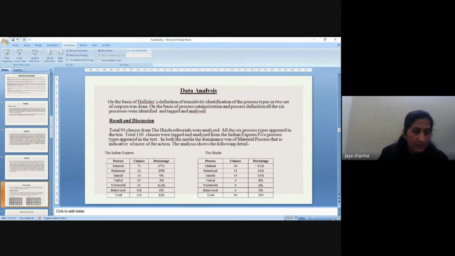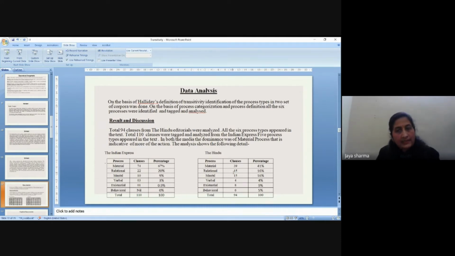So that was the dominant process overall, and that showed that more action is required. And then there was the relational process, which shows that one thing is another, and we found that in 22 clauses, which was 20%. And the mental process was in 10 clauses, which was 9%. And the rest of the 3 were used only minorly.